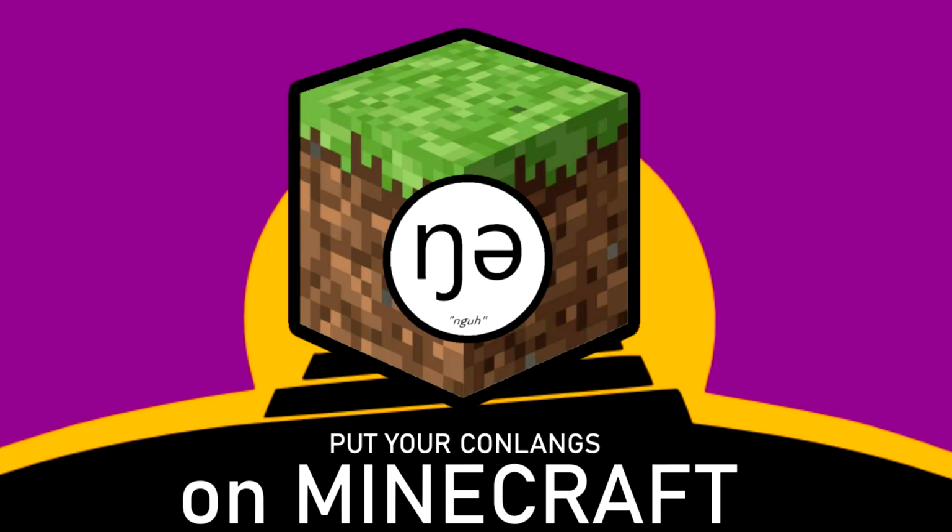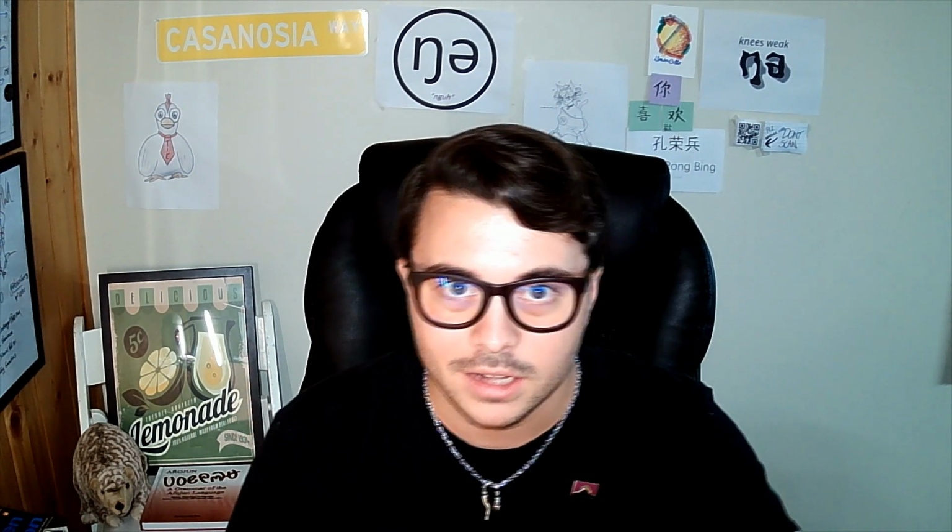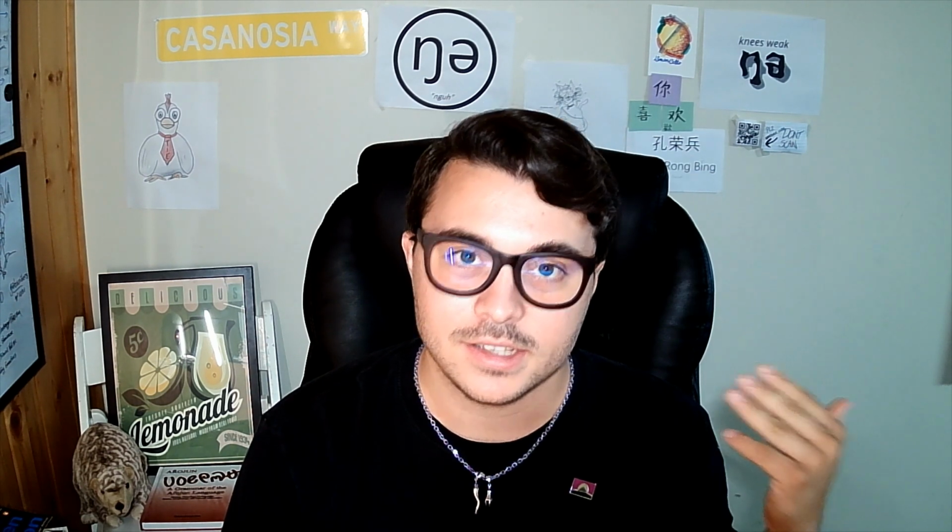And I was looking back at some old videos, and I was looking at my Minecraft video where I was talking about putting the Conlang onto Minecraft, and I mentioned offhand, oh yeah, I don't really know how to do the font yet. I was looking through the comments, and people were asking how you do the font, like how could I put my alphabet on there? I looked into it a while ago and couldn't figure it out, and I've been thinking about it for nearly a decade now, since I was like 12 years old.